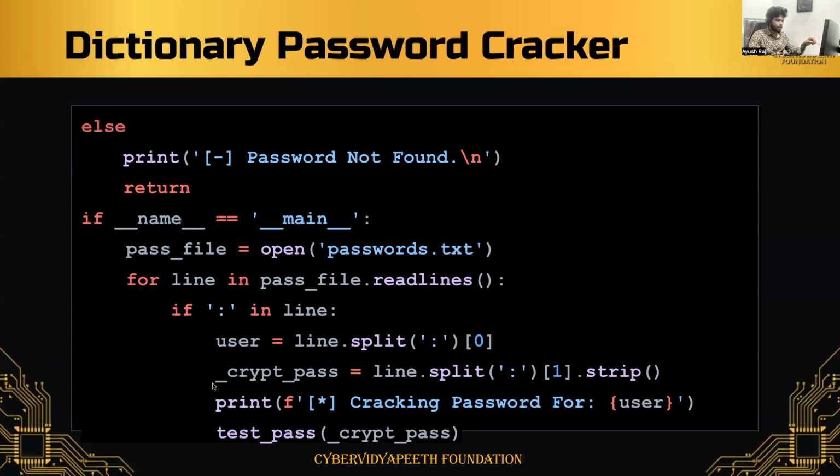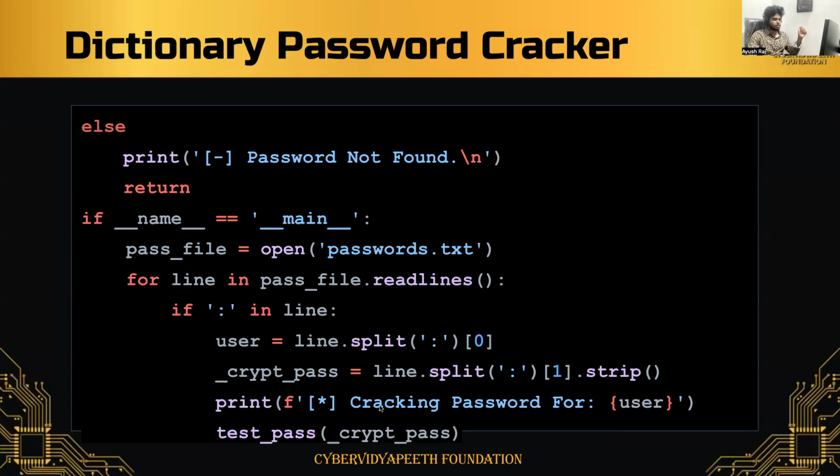And after that crypt pass equal to line dot split, and again we are splitting it with the symbol. But here we are choosing index one, because in index one the hash is there, which we want to crack. Dot strip, now you know about strip, how to remove the trailing and leading characters.